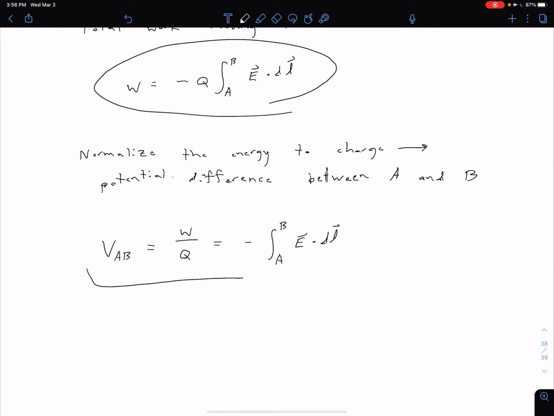This is one relationship for our electric potential or voltage that we're going to use in certain cases. We're relating the voltage to the line integral of the electric field.